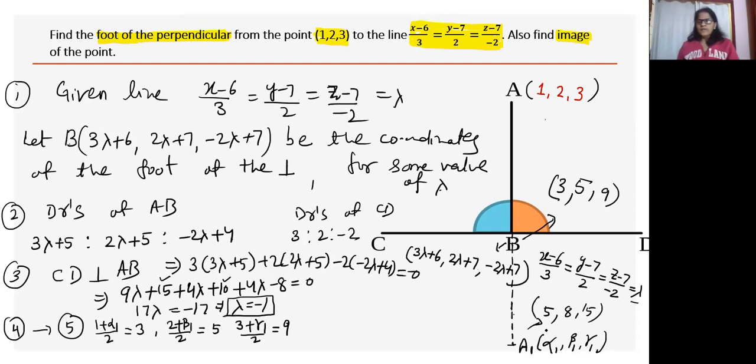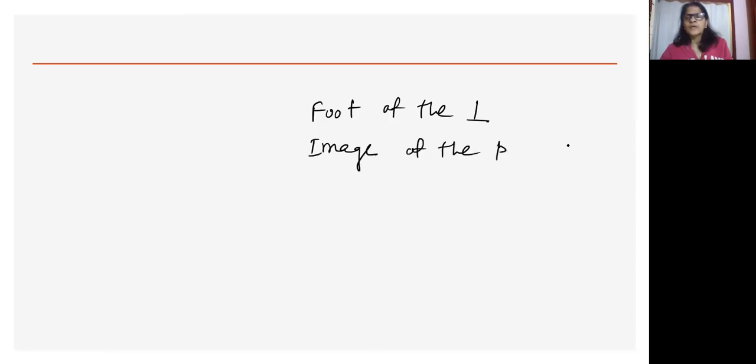So (5, 8, 15) is the image. So these are the 5 steps. To summarize, we have got the foot of the perpendicular, then we have got the image, in case the question asks for the image of the point on the line.